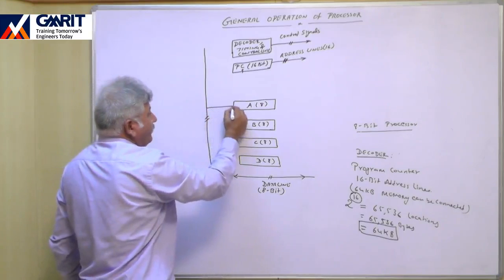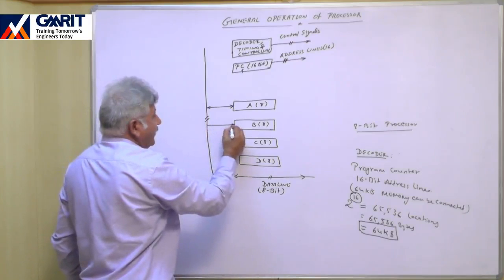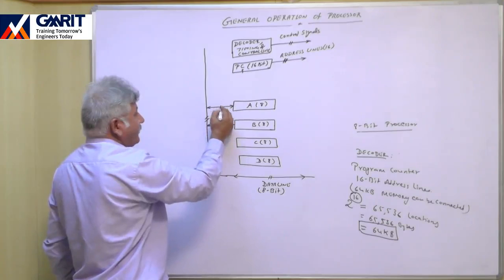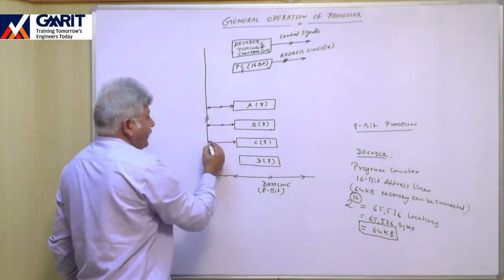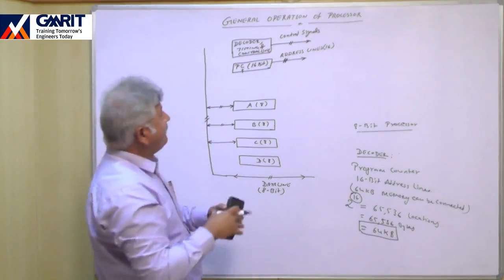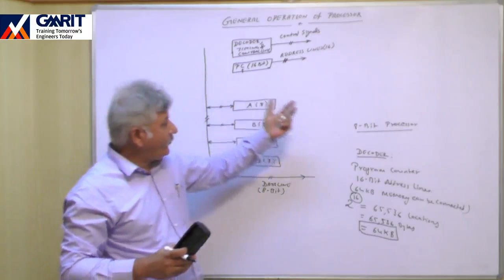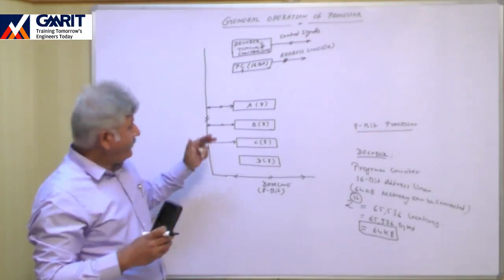This is connected to register A. This is connected to register B. There will be 8 lines, because the basic architecture of this processor is 8-bit. For this example, we are taking an 8-bit processor. That's why all these data buses are of 8-bit.